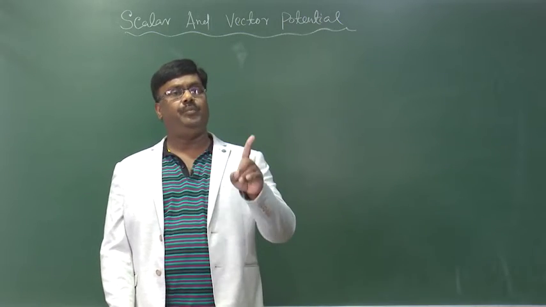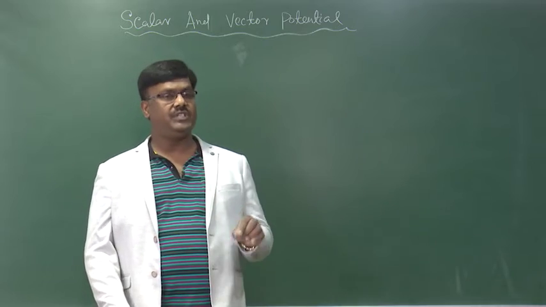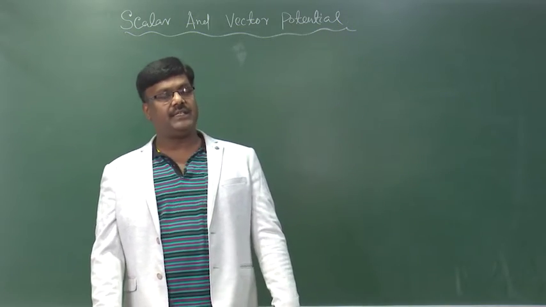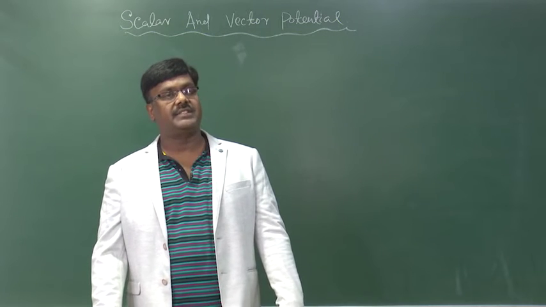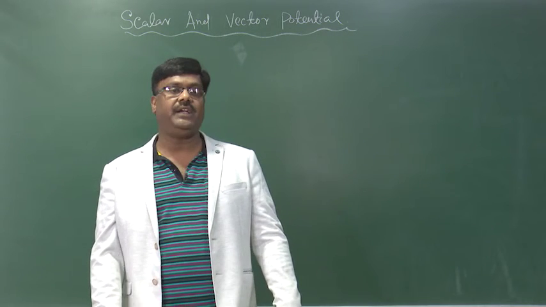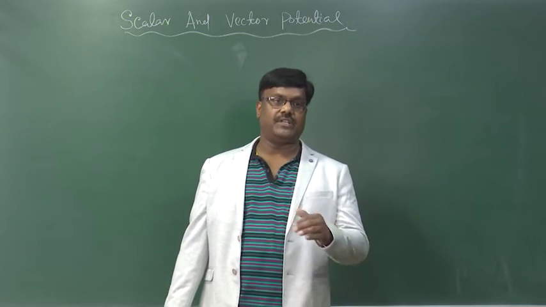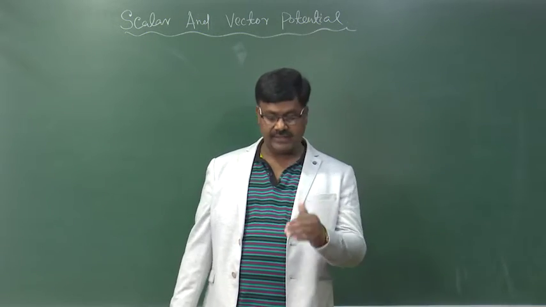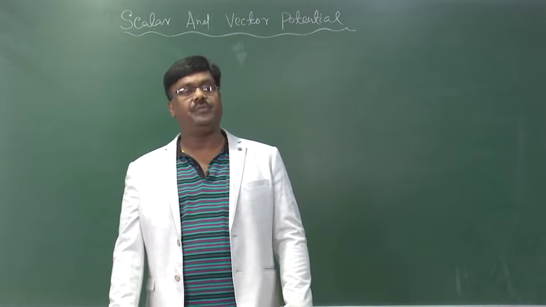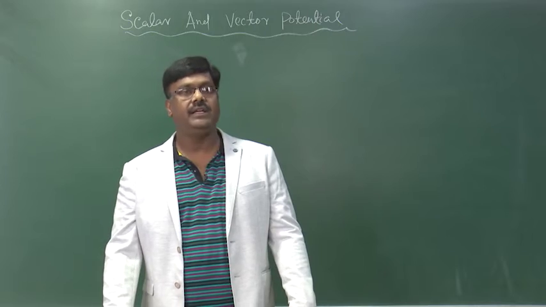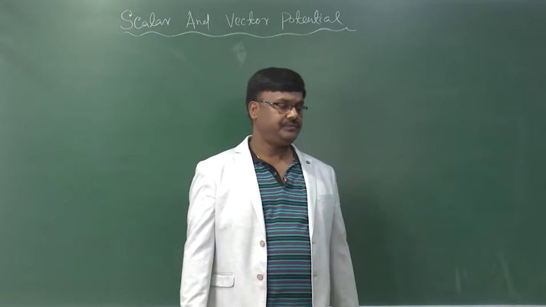One is the vectorial representation, which is known as the electric field strength or electric field intensity. Second is the scalar representation, which is the electric potential, and the graphical or visual representation, which is the electric lines of force.